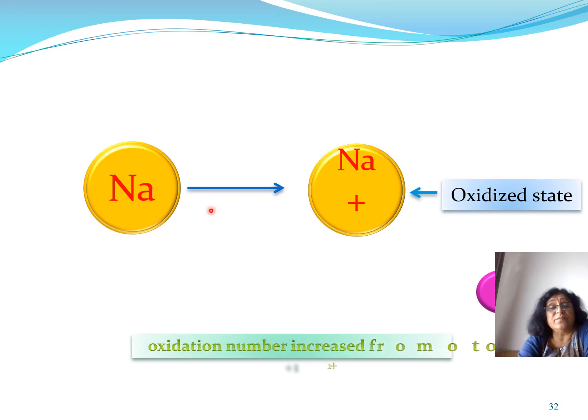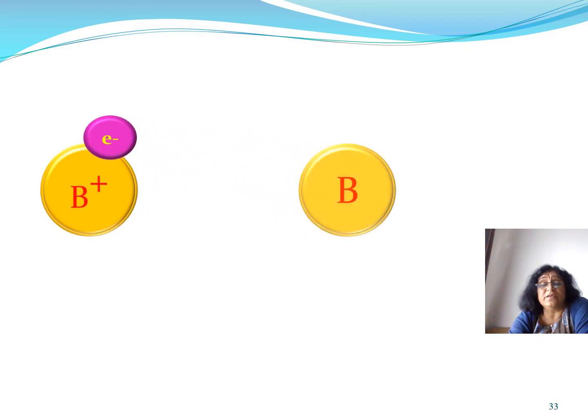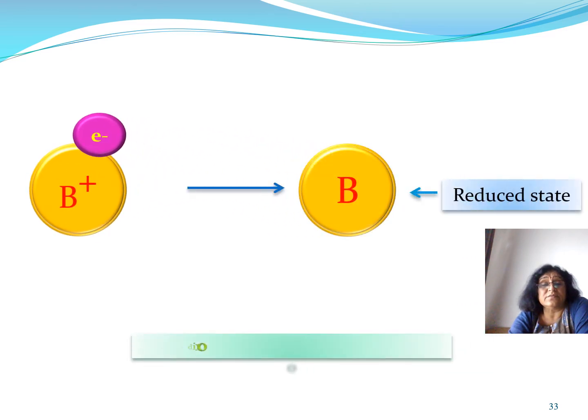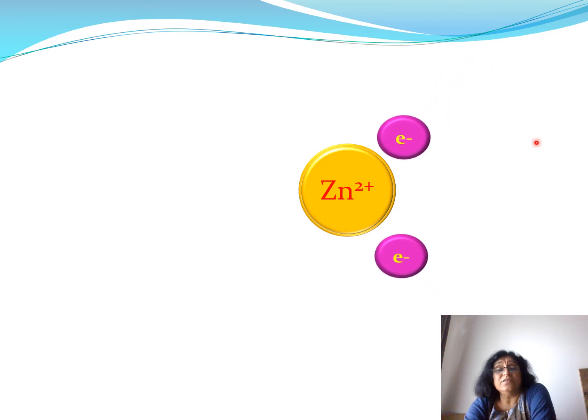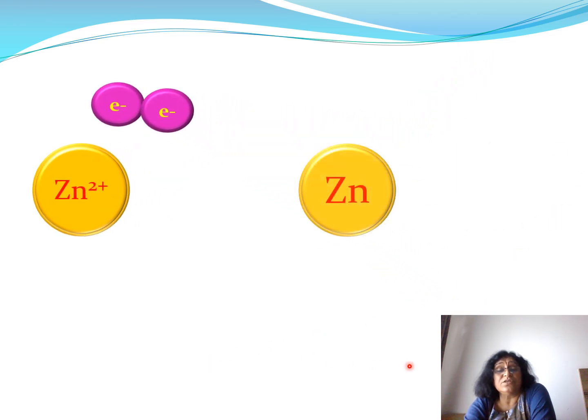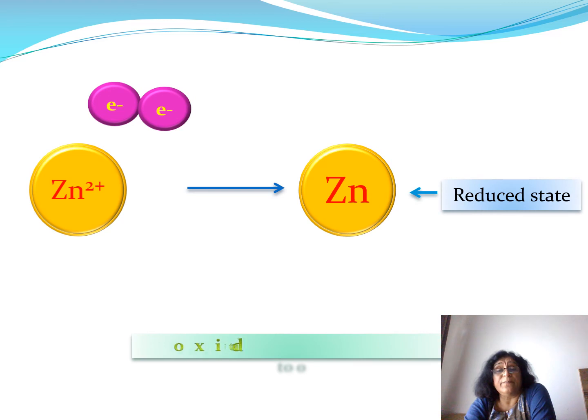So the oxidation number is increasing, therefore it is an oxidation reaction. Now if B plus gains an electron, it changes to a reduced state and the oxidation number decreases. So zinc ions gain electrons and convert to zinc. This is a reduced state, so the oxidation number decreases from +2 to 0.